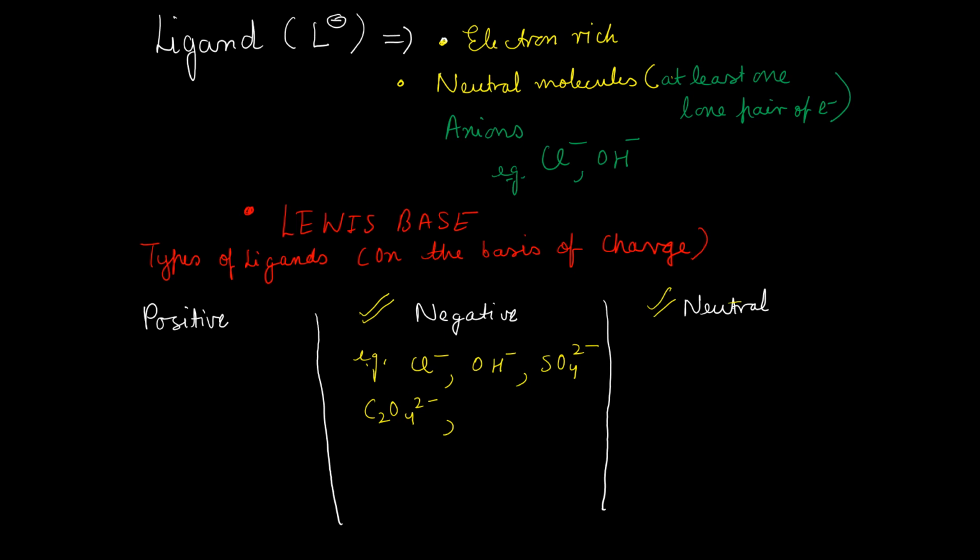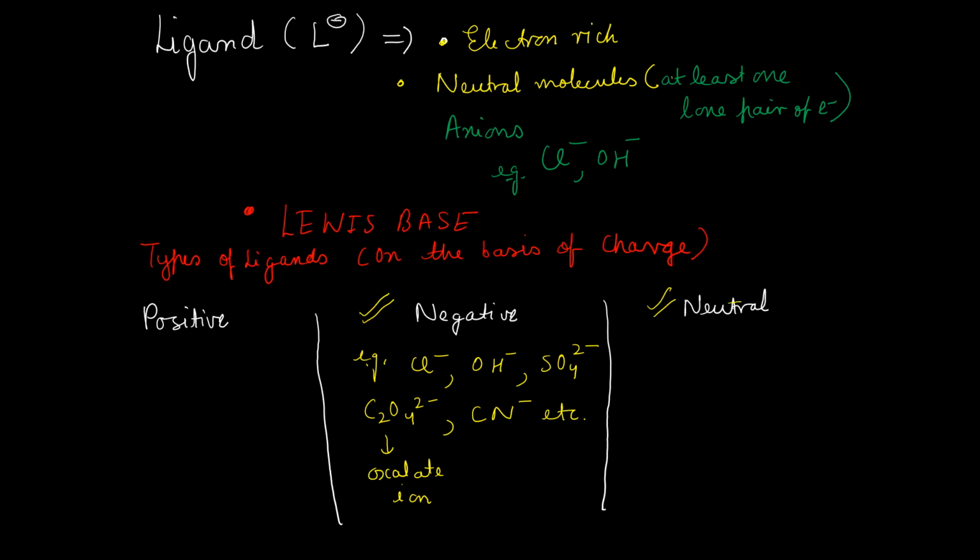All those species which have negative charge on them will be regarded as negative ligands. And many more are there. Chloride ion, hydroxide, sulfate ion, oxalate ion. This is the oxalate ion, formed from oxalic acid by removal of 2 H plus ions, cyanide ion, etc. So all negatively charged ions.